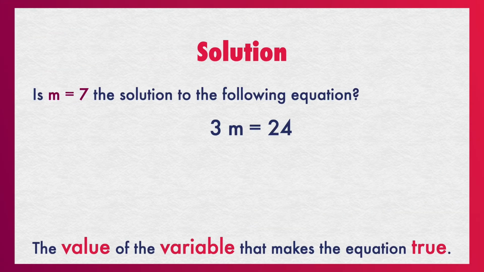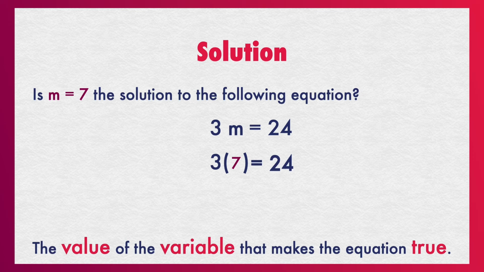Let's try another. Is m equal to 7 a solution to the equation 3m equals 24? Let's again create a container for the variable, but this time let's use a more appropriate math symbol, parentheses, to hold our value. We will bring down the rest of the equation and place the value of the variable, 7, into the parentheses. As we learned earlier in this video, a number next to a variable, or numbers separated by parentheses, means multiplication.